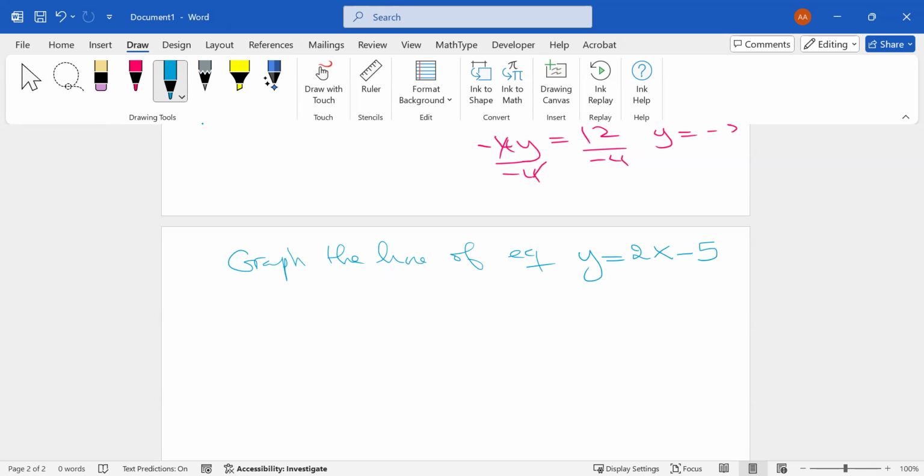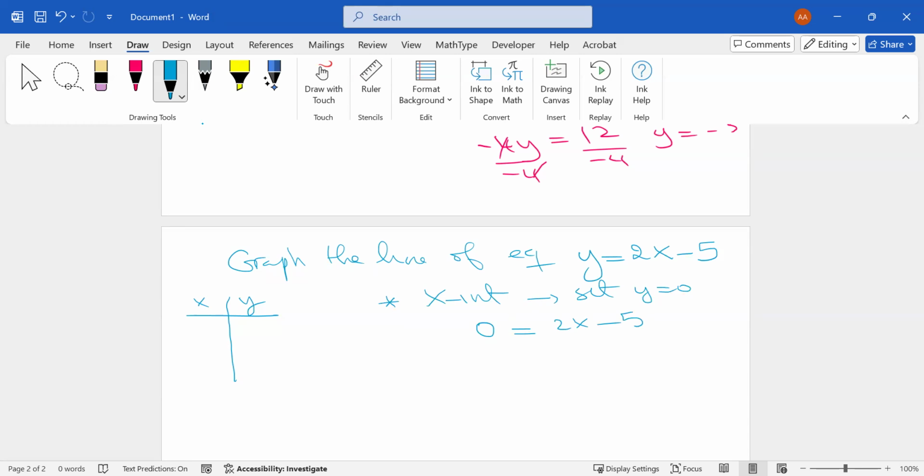You see, the equation can be of this form, but it doesn't change what you're going to do. If I want to use the x-intercept and the y-intercept, I do the same thing for the x-intercept. I set y equals 0. The only thing here now is y is by itself, so I set it equal to 0, and I get 0 equal 2x minus 5.